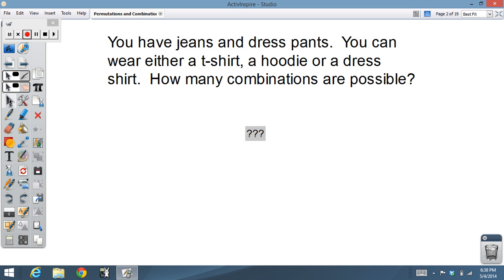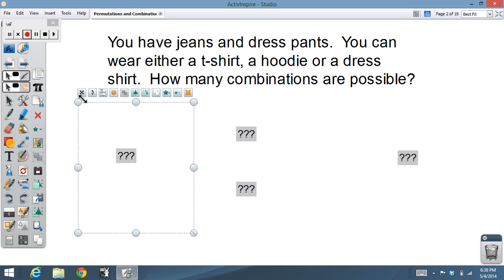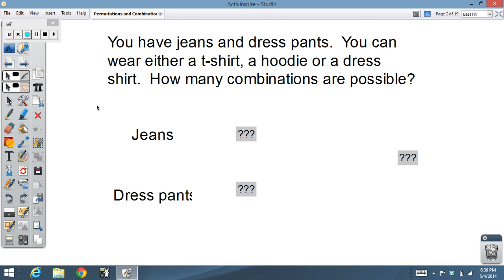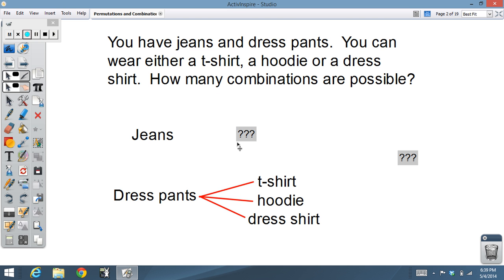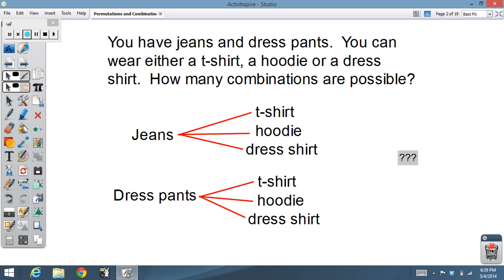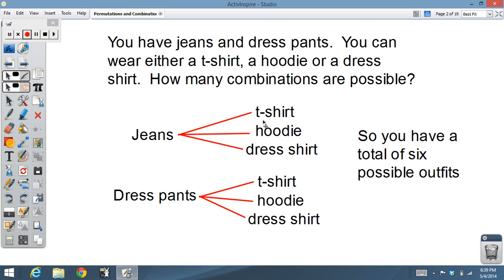Well, if you're anything like the kids I taught in middle school, you took your two possibilities for pants, jeans and dress pants, and you made a tree, right? For each of these possibilities, you branched them off into the shirt selections as well: t-shirt, hoodie, dress shirt for jeans, and t-shirt, hoodie, dress shirt for dress pants, and you would have found out that you had a total of 6 possible outfits.